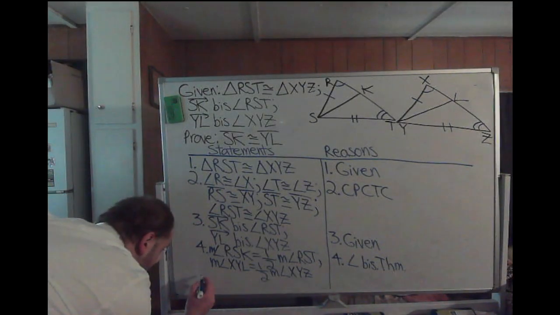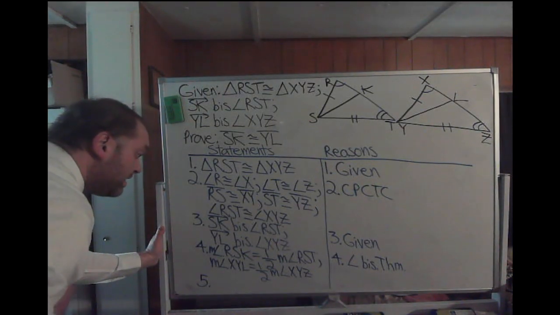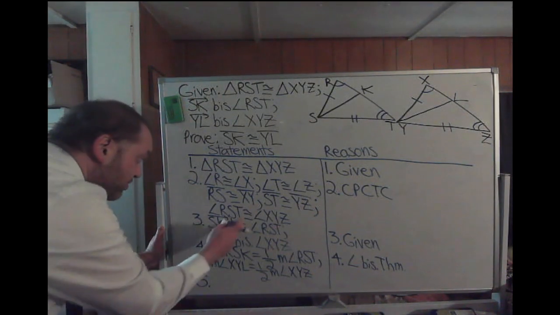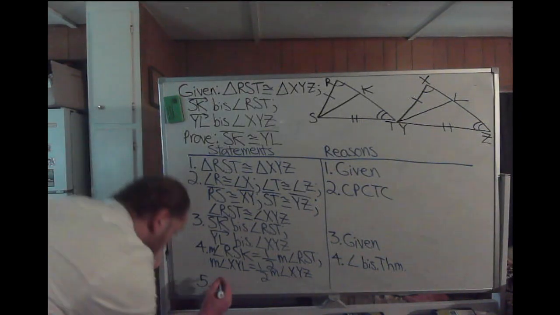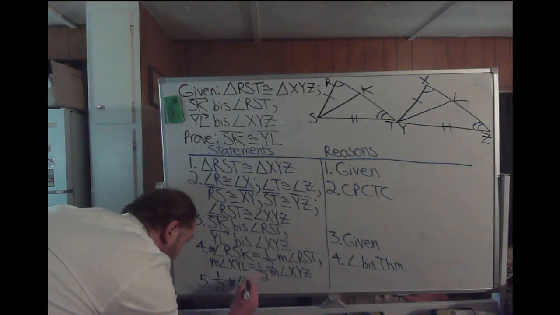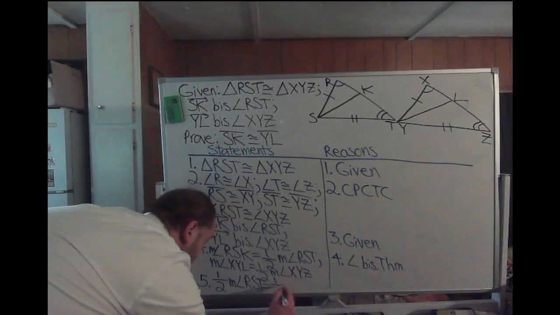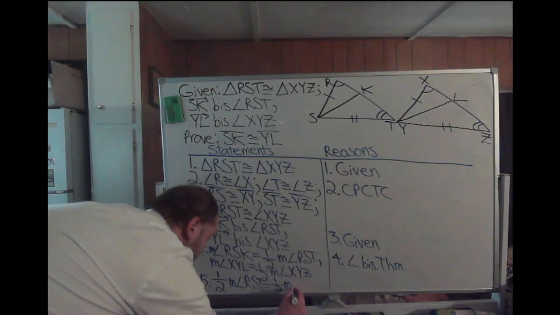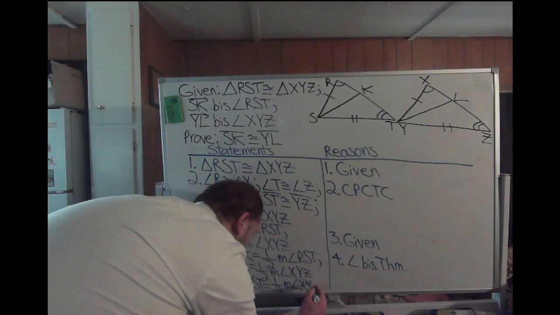Okay. Step 5, alright, so if the measure of angle RST equals the measure of angle XYZ, that means that half the measure of angle RST equals half the measure of angle XYZ.